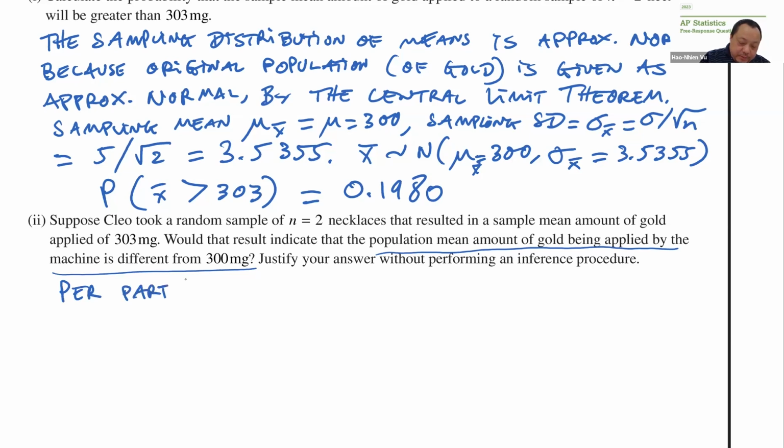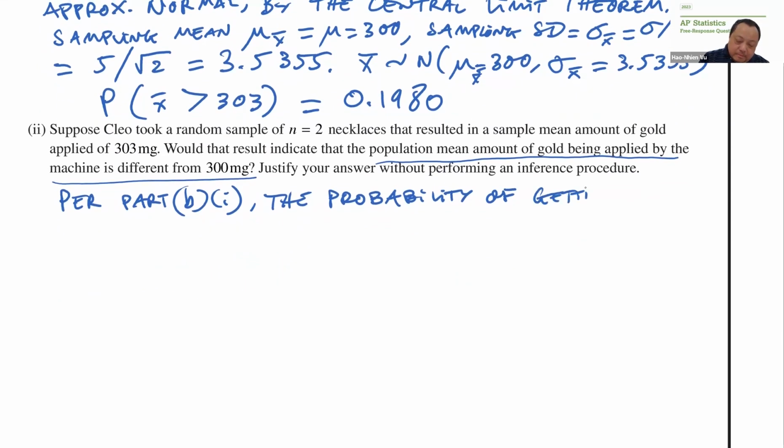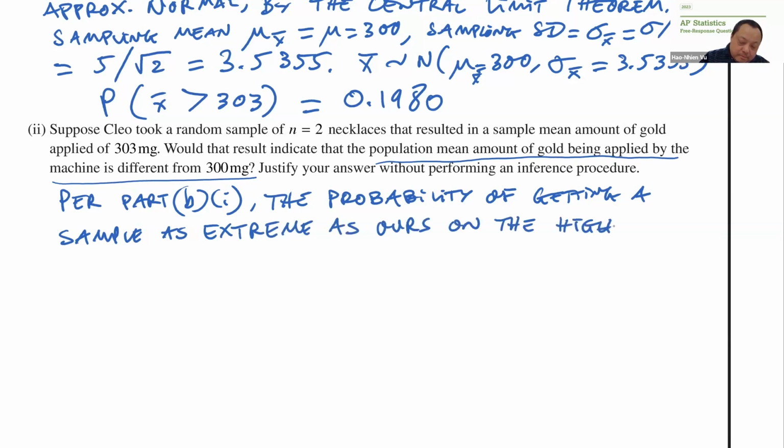Per part B I, probability of getting a sample as extreme as ours on the higher side is 0.198.